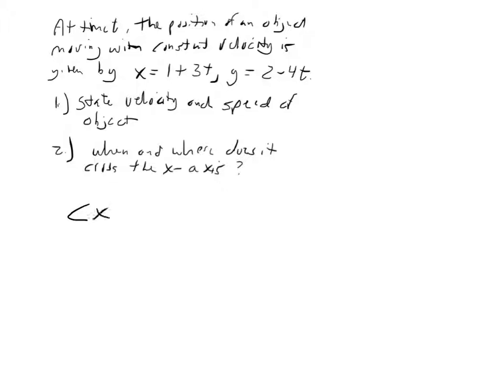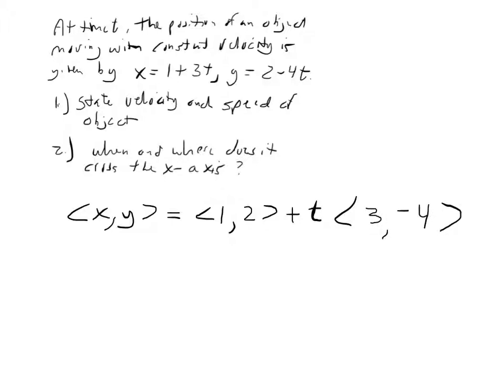My situation would be (x, y) equals (1, 2) plus t times (3, -4). Note that this (3, -4) is a scalar multiple to add on to my starting position. So if I let t be 1, in 1 unit of time, I will have gone a velocity vector of (3, -4).